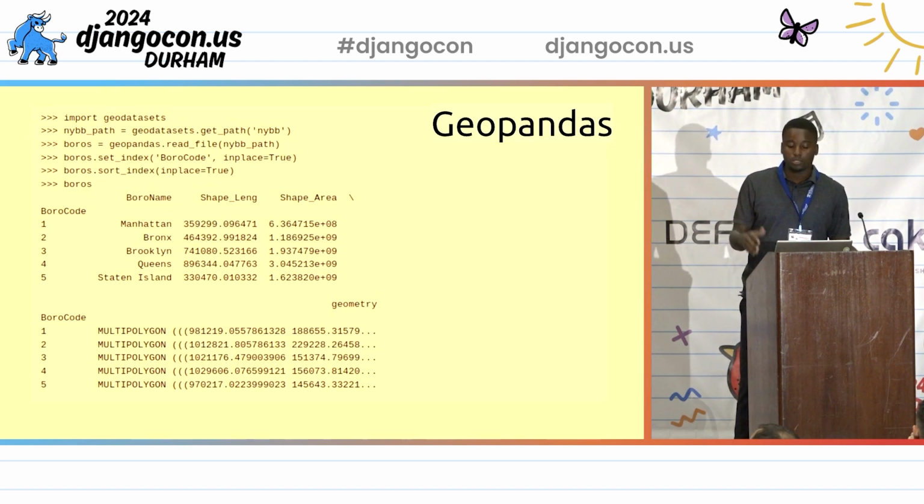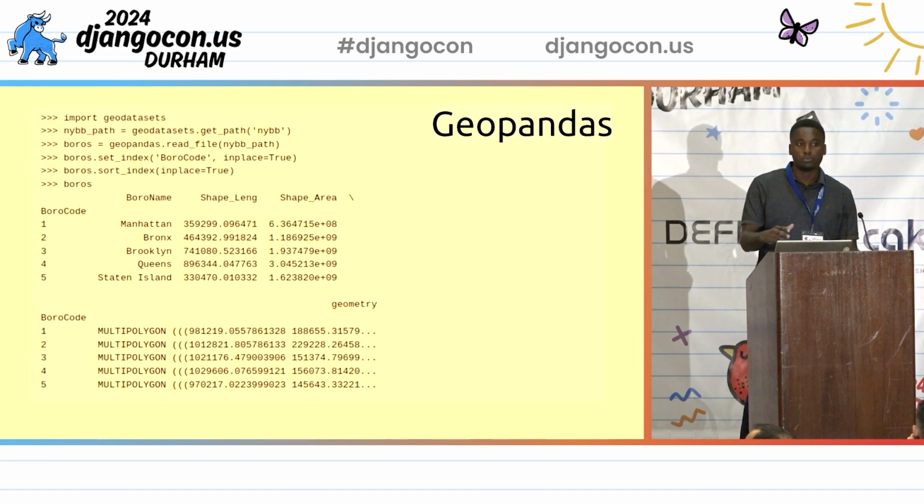Geo dataset is a module from GeoPandas, and from this example the code is trying to show the boroughs of New York City, and after that it plots those boroughs to a canvas.